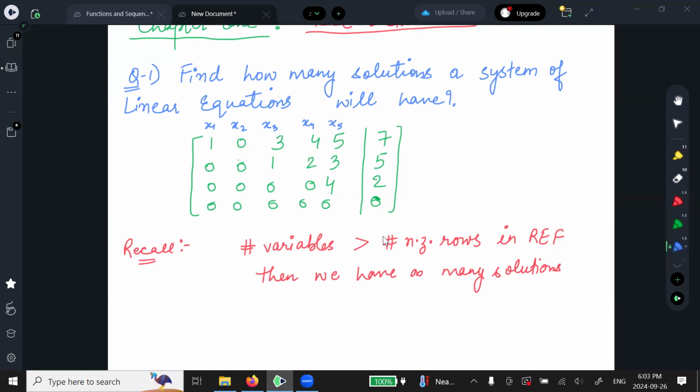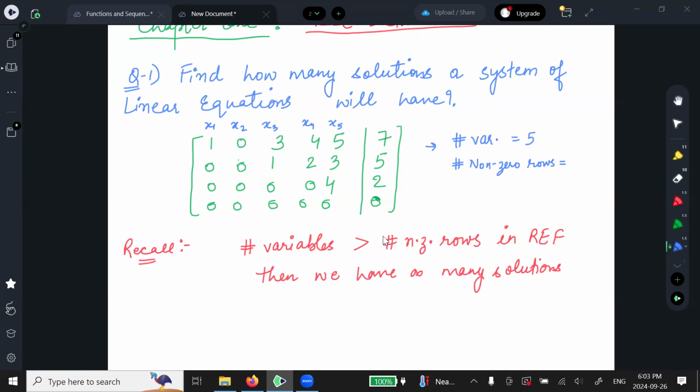Everybody can answer this question? Okay, can you do this in exam? So here, number of variables is 5, and number of non-zero rows, question? Yes.